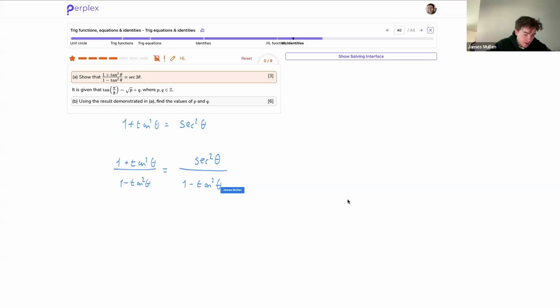That's the first step. And now, if I use the definition of tan theta is equal to sine theta over cos theta, then I can write this as sec squared theta over 1 minus sine squared theta over cos squared theta. Now, because I have a fraction in the denominator, and I don't like that, I'm going to multiply the top and the bottom by cos squared theta over cos squared theta.